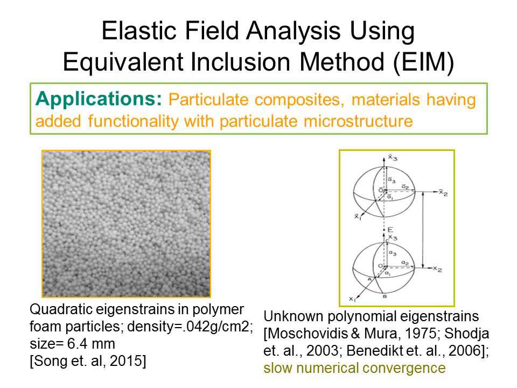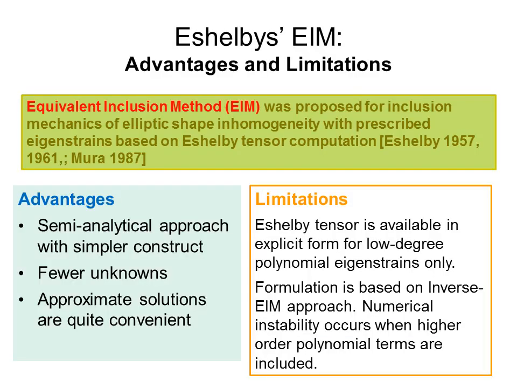Still, the EIM has several advantages because it's very intuitive and there are very few unknowns, and when the eigenstrains can be assumed as uniform, a very good solution can be obtained.